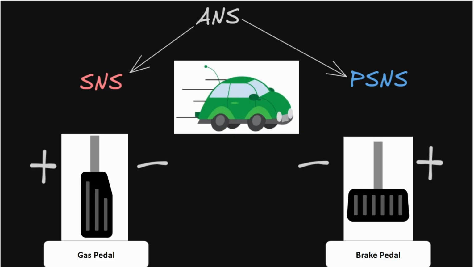Which means that if I push the gas pedal and the brake pedal and I said, hey, I want you to go faster, you can make a choice on one of two systems, at least. You can either push harder and agonize the gas pedal, or you can antagonize the brake pedal and take that off. But in either case, you will go faster by working opposite directions because you agonized or antagonized.